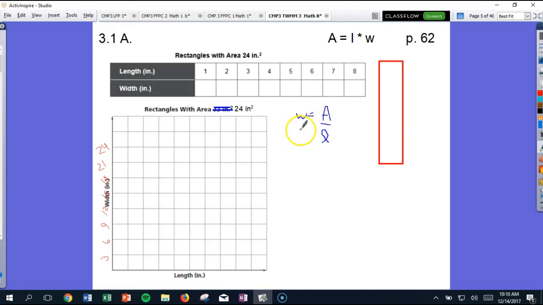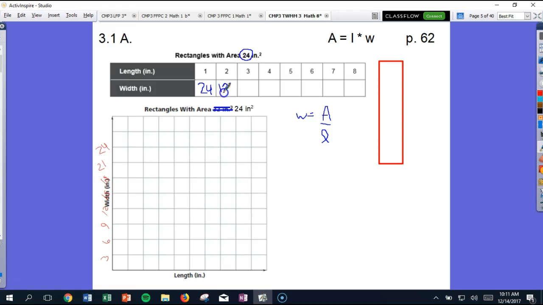Okay, that's our new equation. If my total area is 24 and my length is 1, then 24 divided by 1 is 24. If my length is 2, then an area of 24 divided by 2 is 12.